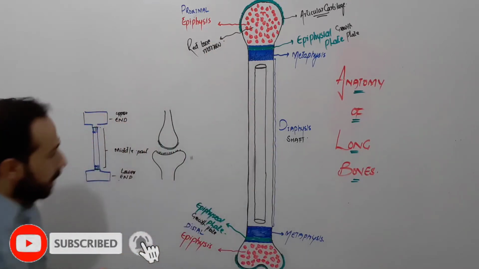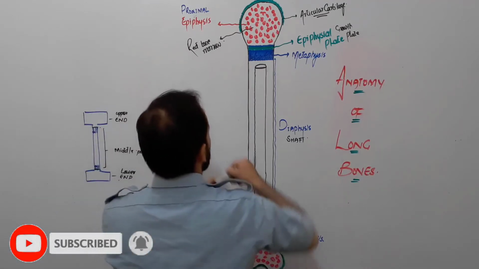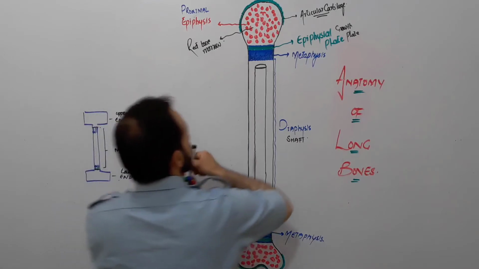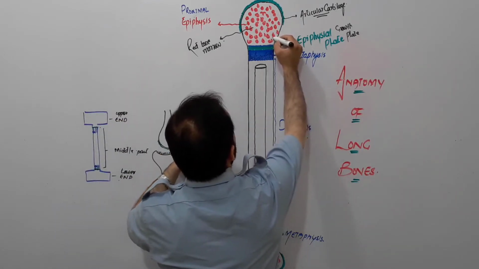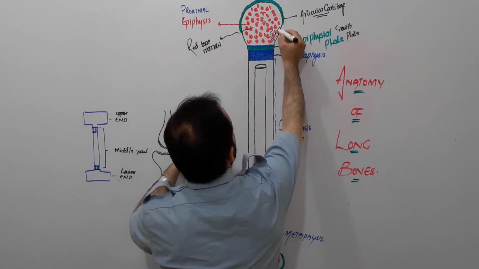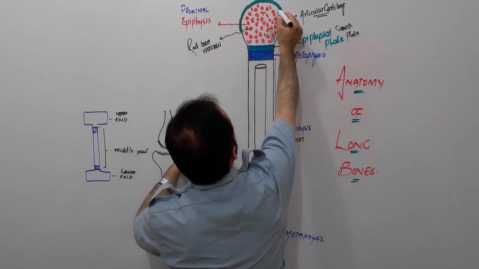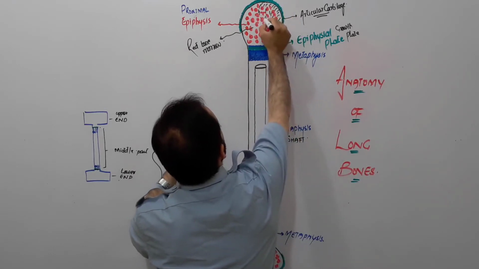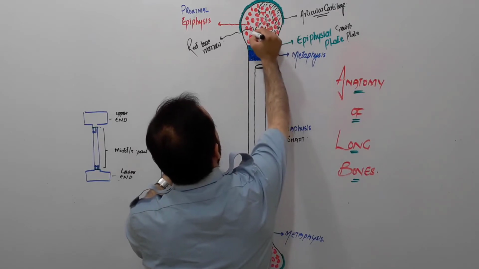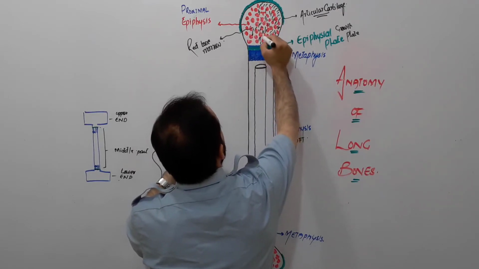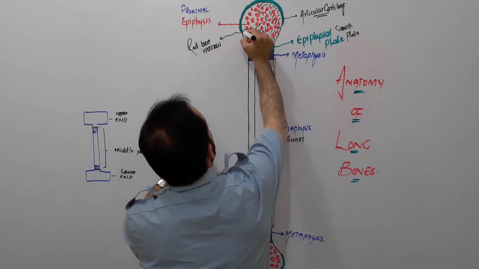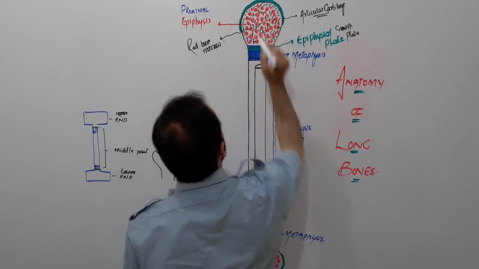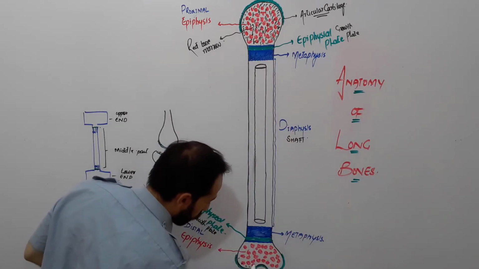Right, friends? And look carefully, in between this marrow, in between this red color, you can see this white part, or let me shade it with black color, right? This part which is other than the marrow part is called soft bone. So there is soft bone present in your epiphysis on both sides.